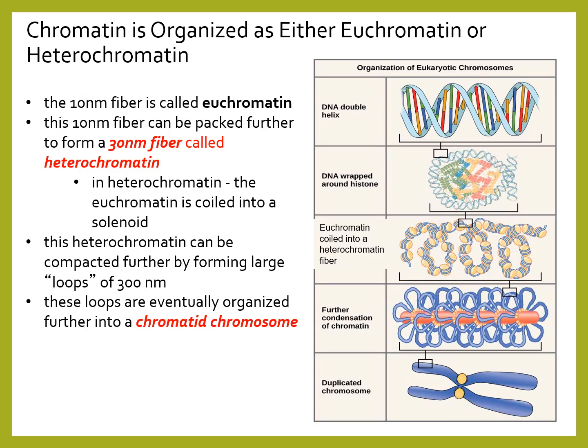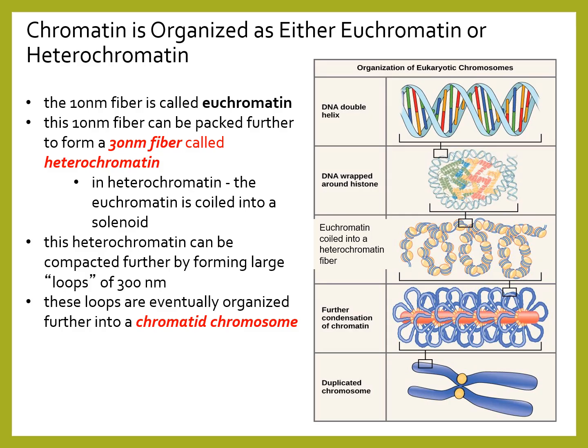Because the histone bead is 10 nanometers in diameter, the DNA that is wrapped around these histone beads is called euchromatin. Euchromatin is the loosest form of chromatin that we have in the cell nucleus. Now you can pack this 10 nanometer euchromatin fiber even further by allowing the H1 histone proteins to interact with one another.